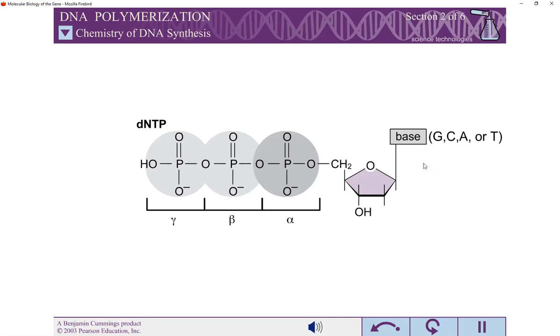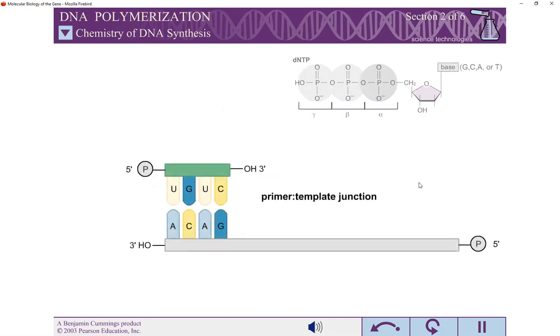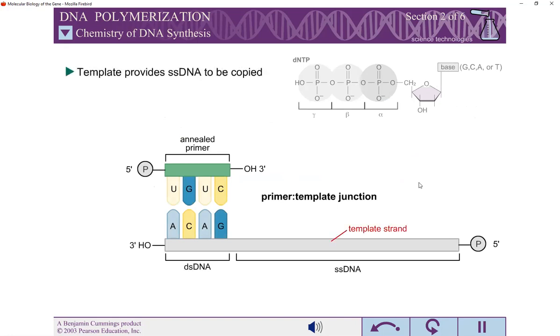The primer template junction has two key components. The template provides the single-stranded DNA to be copied. The primer provides a free 3' hydroxyl at which a dNTP can be added. Okay, so see this. dNTPs can be added to the free 3' hydroxy group provided by the primer molecule.